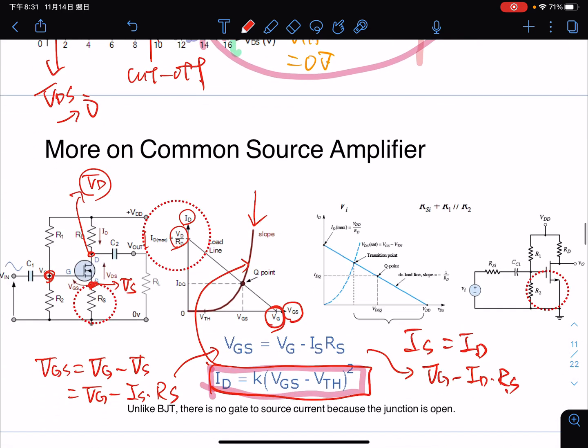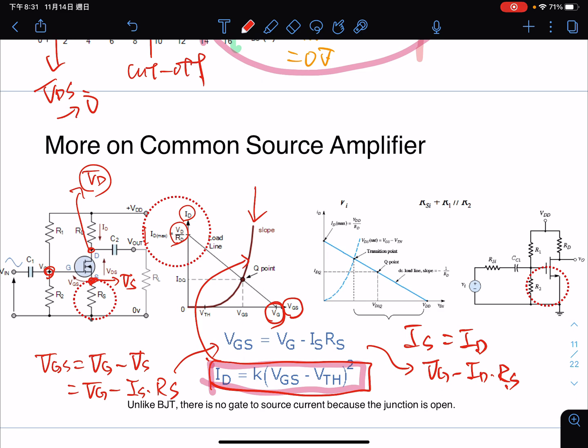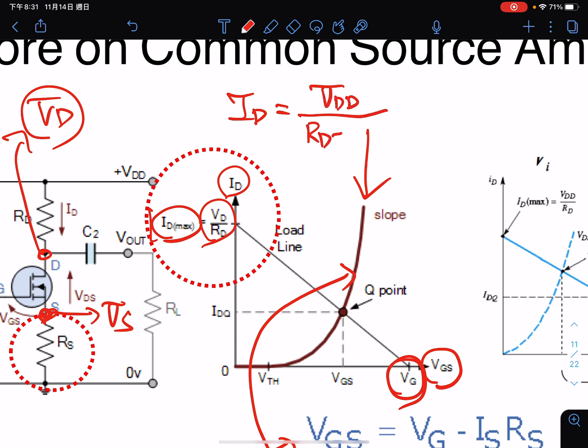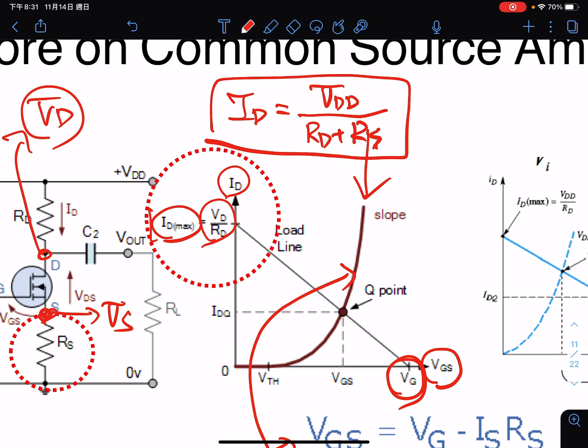Okay, that means that the ID maximum here should be VDD over RD plus RS, instead of this one, because there is no way to know what VD is unless you solve all the equations.